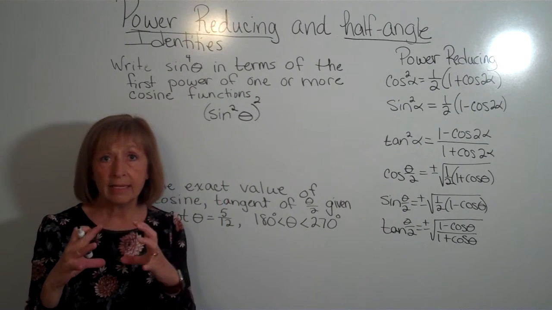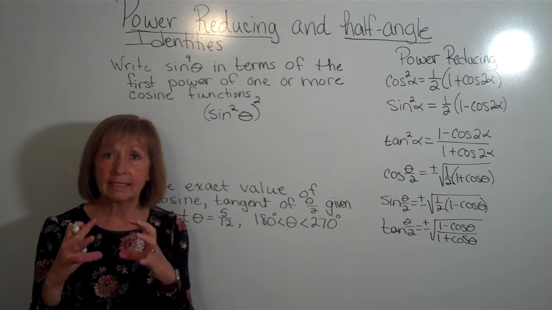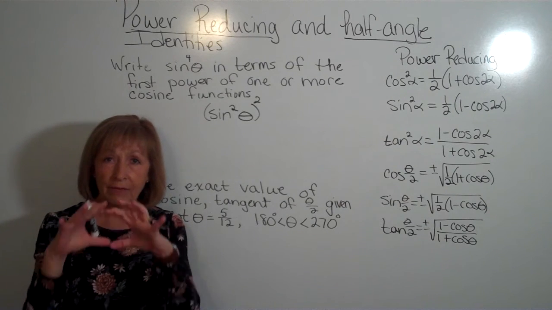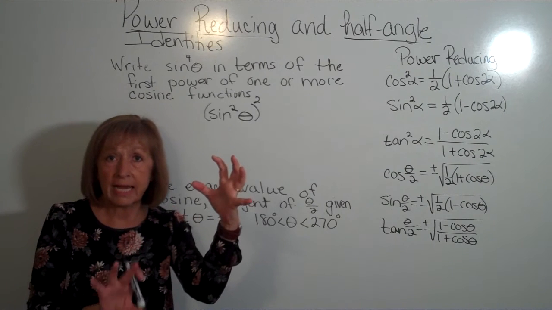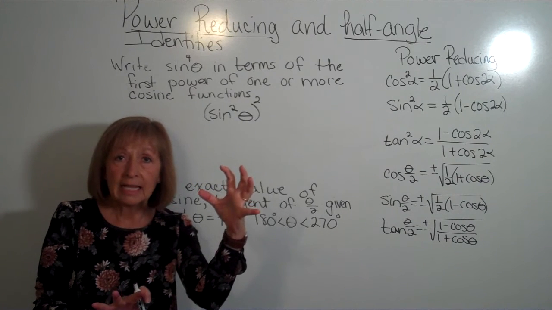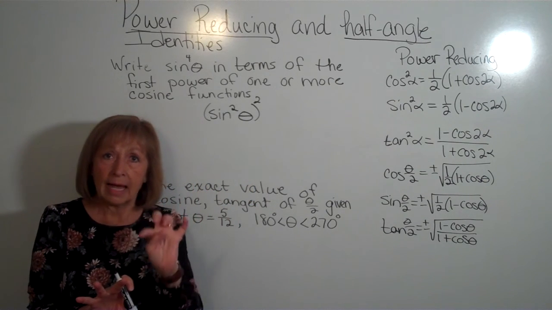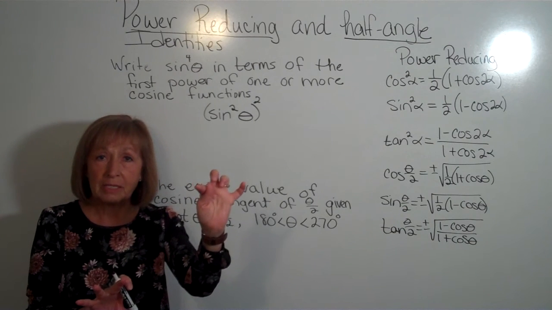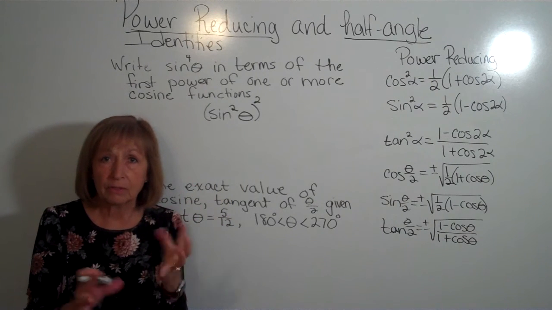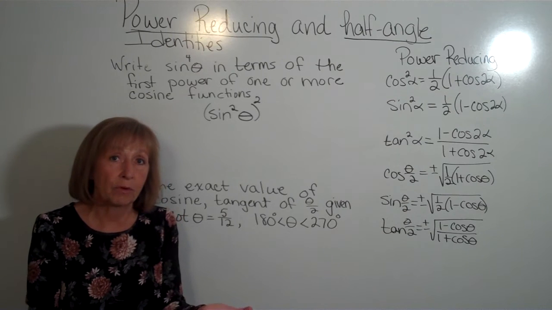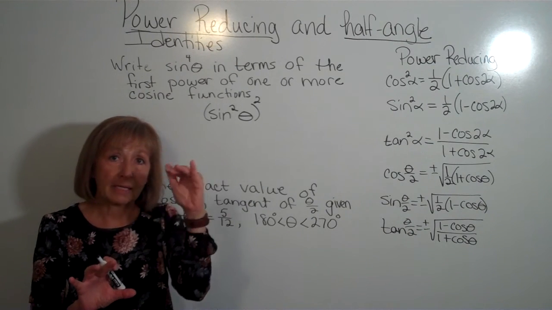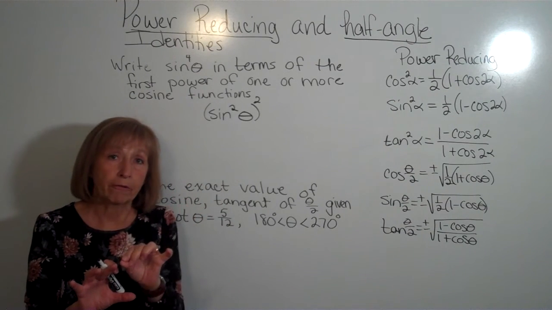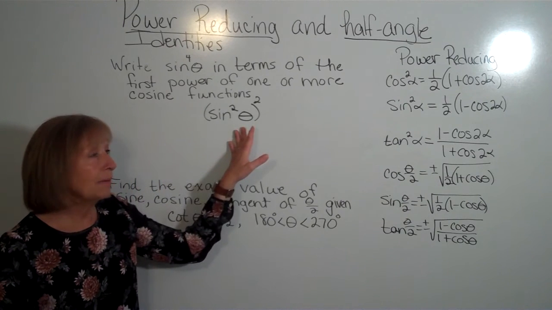So remember, sine theta to the power 4, I could write as sine theta squared and then that quantity squared, because if you take an exponential expression that has a base to an exponent yet another exponent, you keep the base and multiply the exponents. So it would mean the same thing, because that would be 2 times 2 or power 4.